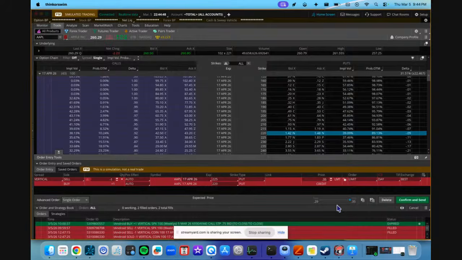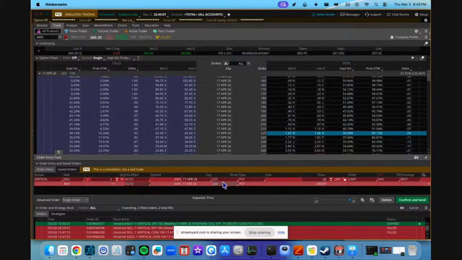All right, let me look at these questions now. The risk of losing if it moves in between at expiration. Good question, Jeremy. So let's say I did this Apple credit spread and it dropped to in between these prices. Let's say it dropped at 223 or so.